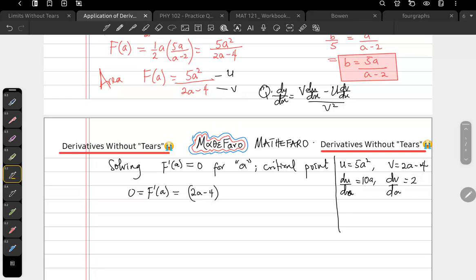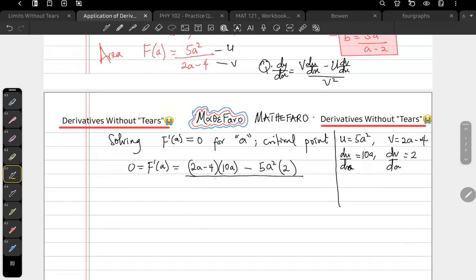So it means f prime of a is v du/da, which is 2a minus 4 times 10a, minus u, which is 5a squared times 2, all over v squared, which will be (2a minus 4) squared.